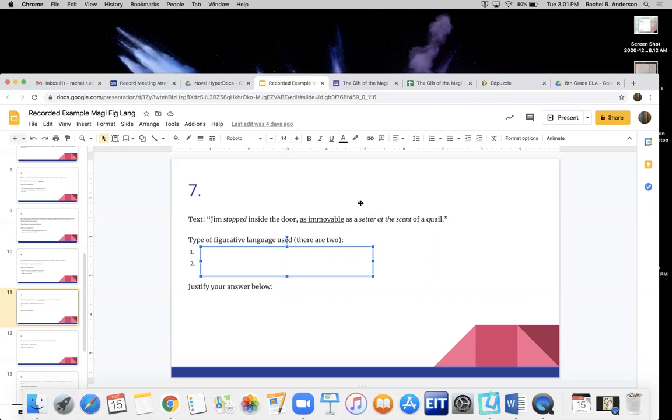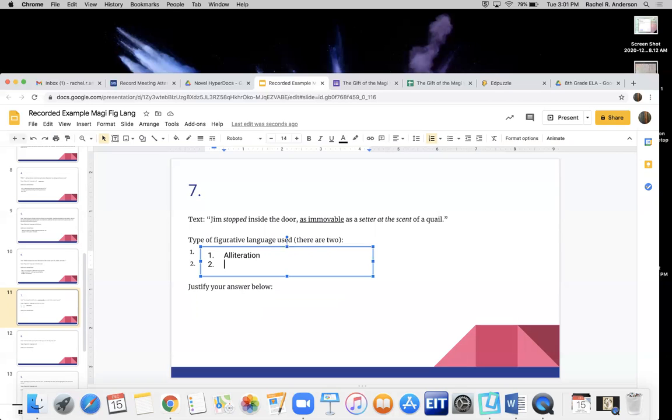So stopped, setter, scent. Those are repetitions of initial consonant sounds. So that one is alliteration. And I'm just putting a number 1 so you can see it a little clearer. Okay. The second one is a comparison, and it's underlined, and it says Jim stopped inside the door as immovable as a setter at the scent of a quail.